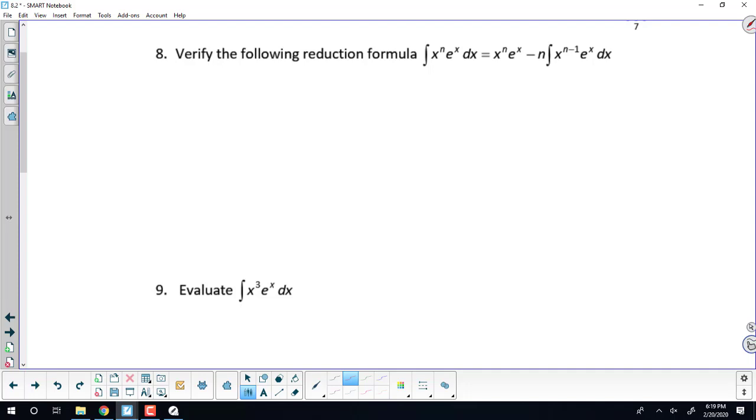But for the reduction formula for powers of x times e to the x, in order to verify that the formula is true, we're just going to integrate by parts. And u is x to the n, our algebraic. dv is e to the x dx.